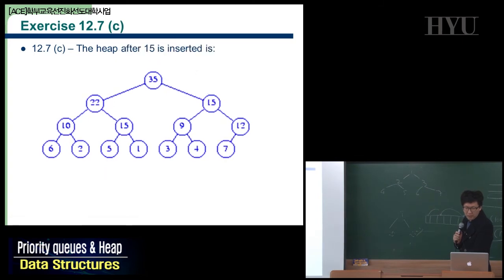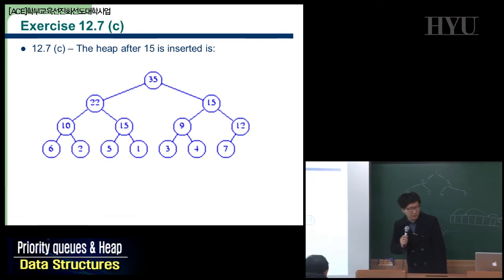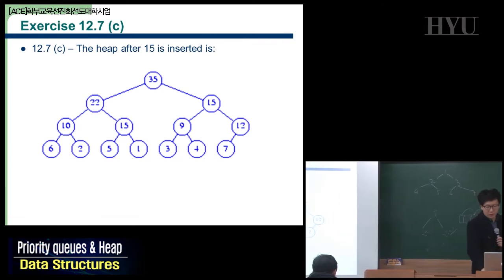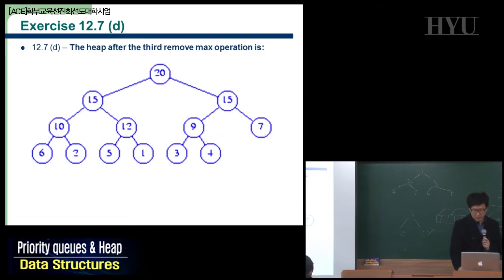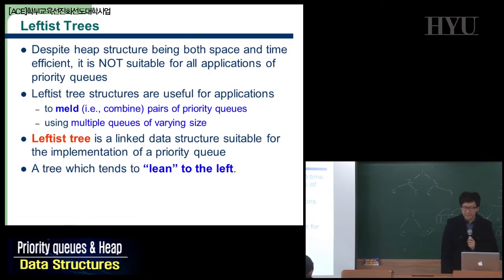After 15 is inserted, 15 is up on the top. Keep switching. I mean, it's quite obvious. You can take a look at it later. Skip it. 이렇게 보니까 너무 헷갈린다. Okay, please do follow these examples if you have time. 뭐 앞에 예제랑 똑같으니까 it's not so much different from my previous examples.